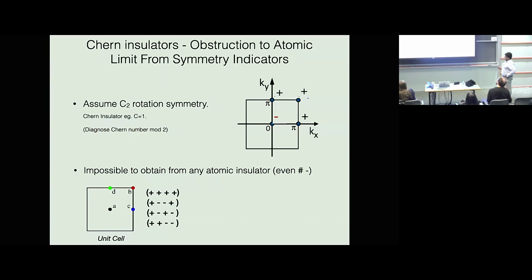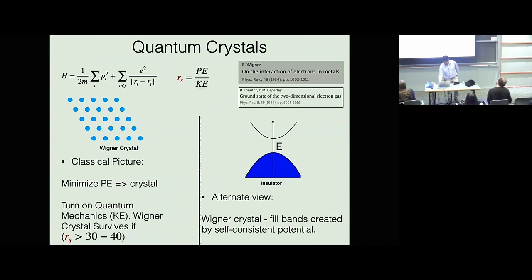You can easily convince yourself that the corresponding assignment of symmetry eigenvalues in momentum space would have to have an even number of minus, an even proportion between the plus and minus. Okay, so it's impossible to get something like this if you insist on thinking of the electrons sitting in certain sites. So that's another way to see that there is no atomic picture for these Chern insulators.